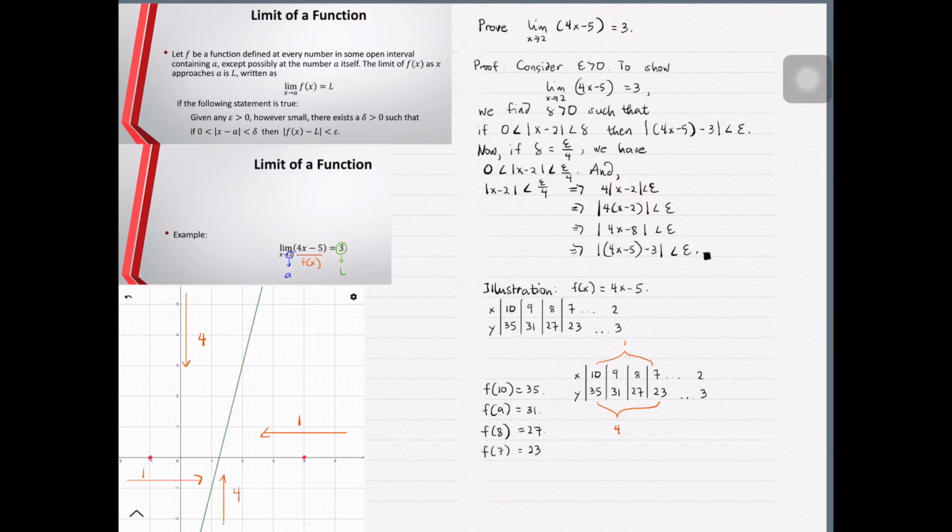Epsilon would actually be the distance between our y values here, or the increment that we had, and delta would be the distance between the x values. And notice in the proof that the delta would actually be epsilon over 4. And that is really true in this example. See, our epsilon here is 4 divided by 4, and that is 1. And since delta is equal to epsilon over 4, that gives us indeed 1.